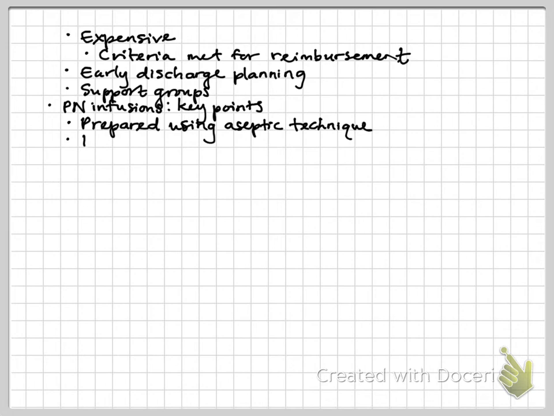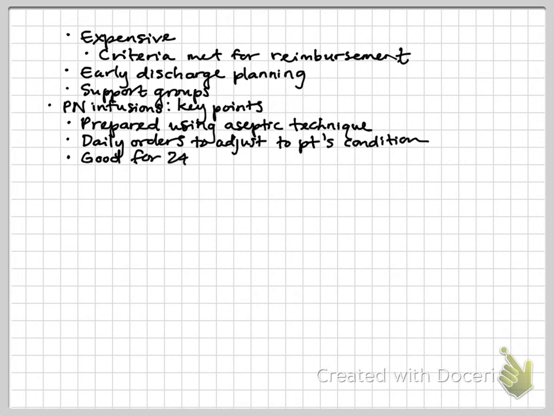Daily orders are prescribed for TPN to adjust to the patient's condition. PT is patient's condition. And keep in mind that TPN or PN is good for 24 hours after it's been hung.